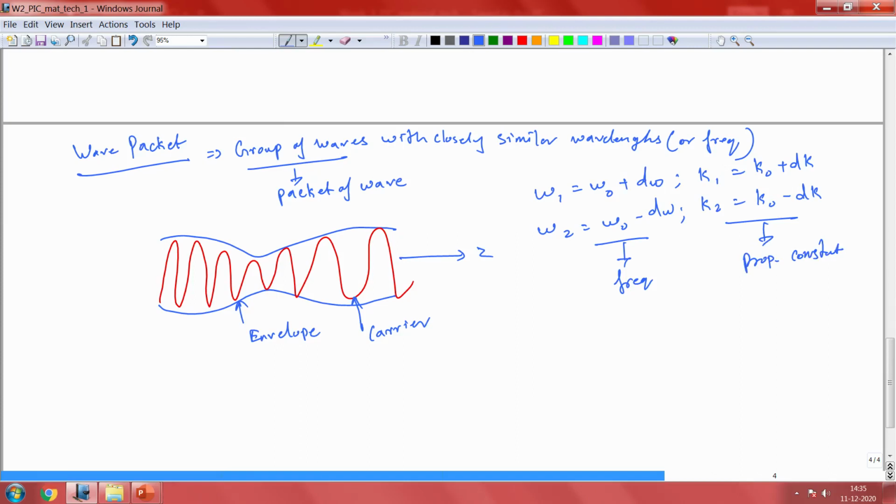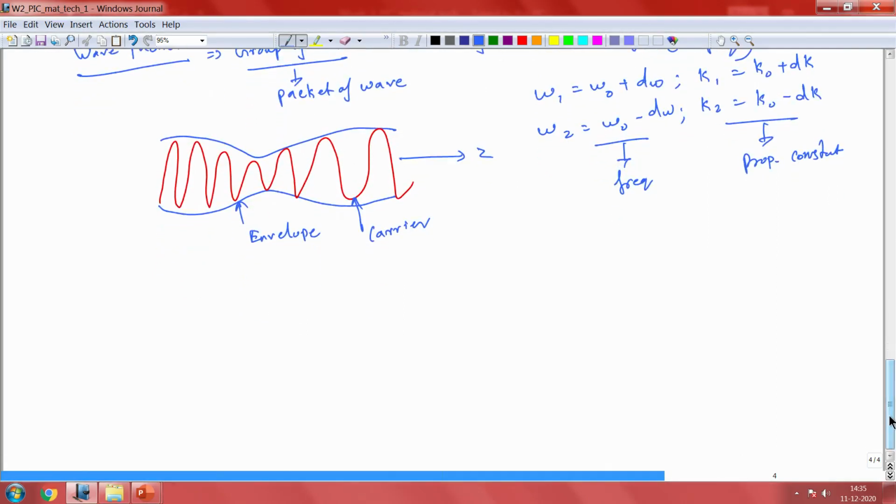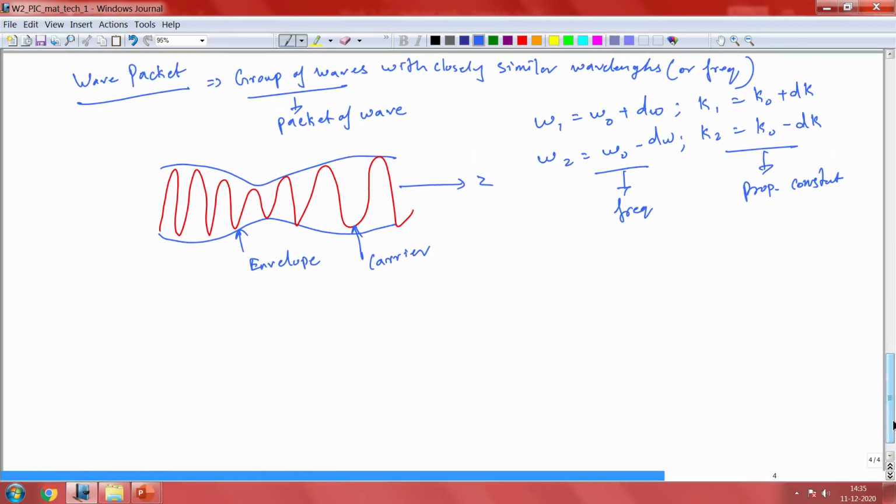So, how can we represent this wave in a very simple equation form? Let us say the wave packet could be represented as, picking up what we already saw earlier, e to the power of i k 1 z minus omega 1 t plus complex conjugate, because they are going together, plus e to the power of i k 2 z minus omega 2 t plus a complex conjugate.